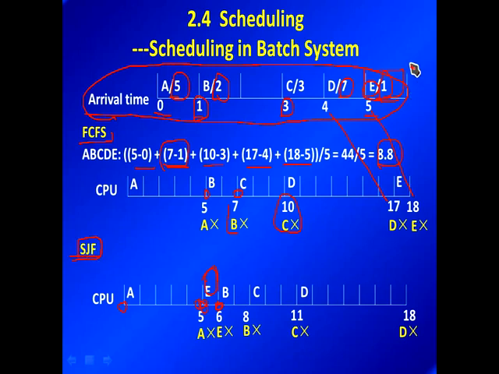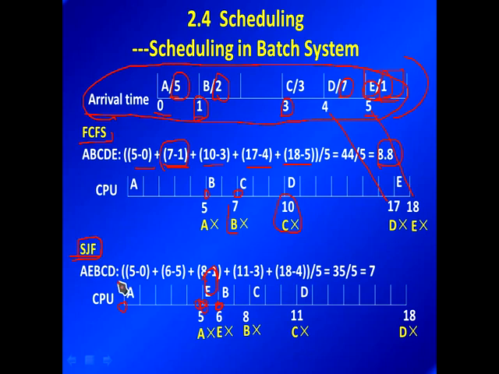And here we suppose they have different arrival times. So when you calculate the turnaround time for these 5 jobs, you have to be very careful. You should subtract the arrival time from the completion time.